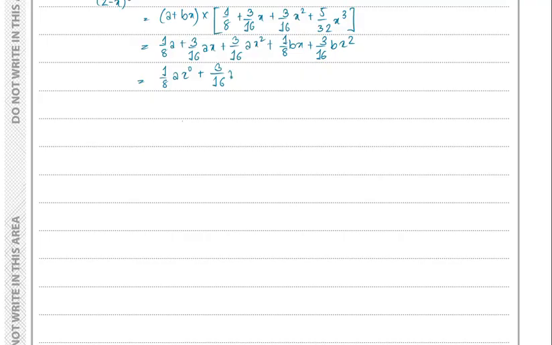So this would be 3 by 16ax, and this would be 1 by 8bx. So I'm bringing the x terms together and also the x squared terms together: 3 by 16ax squared plus 3 by 16bx squared.